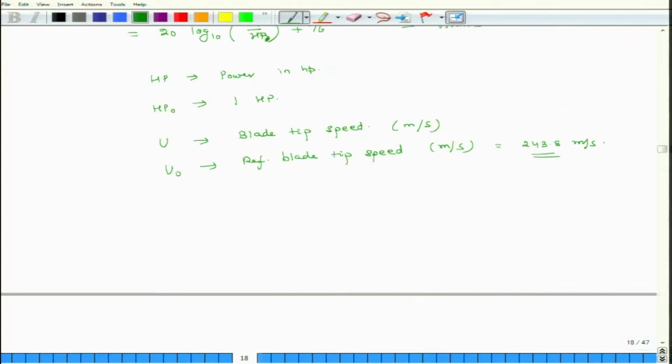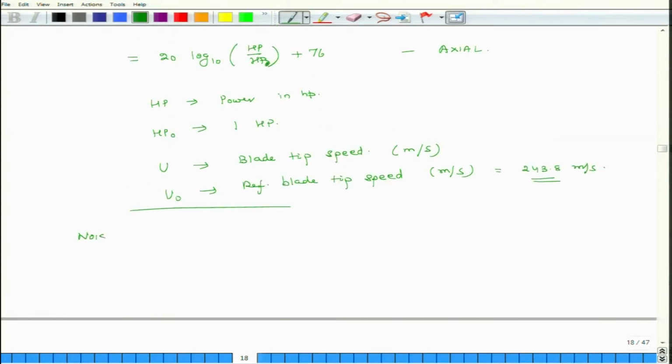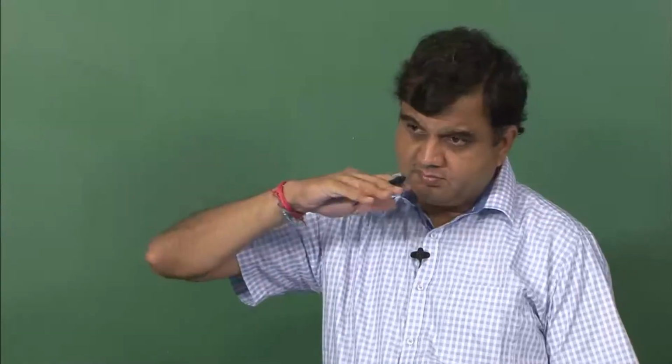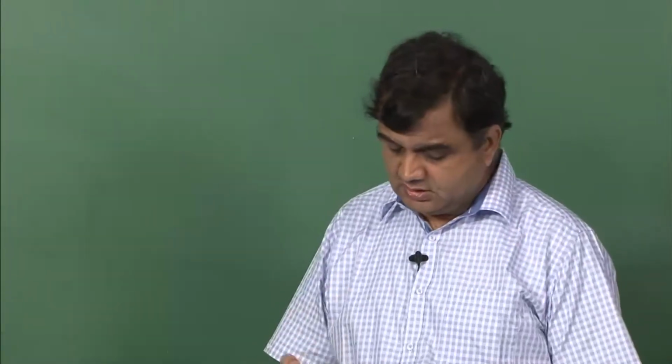The other thing to understand is that the noise from a compressor is in general broadband. Okay, it is broadband in nature, but it is not necessarily that at all frequencies the sound power level will be the same for all octave bands.